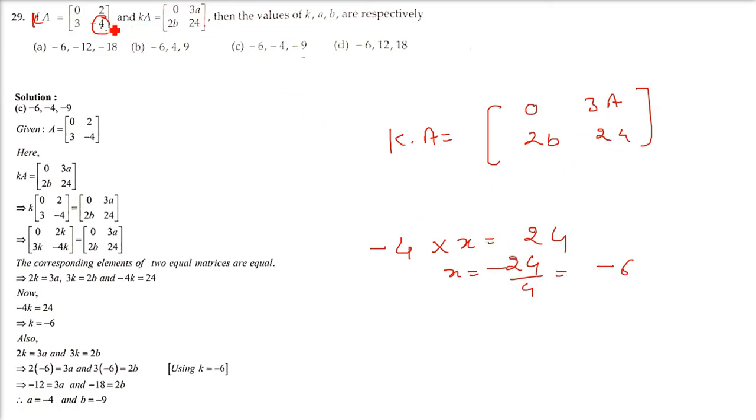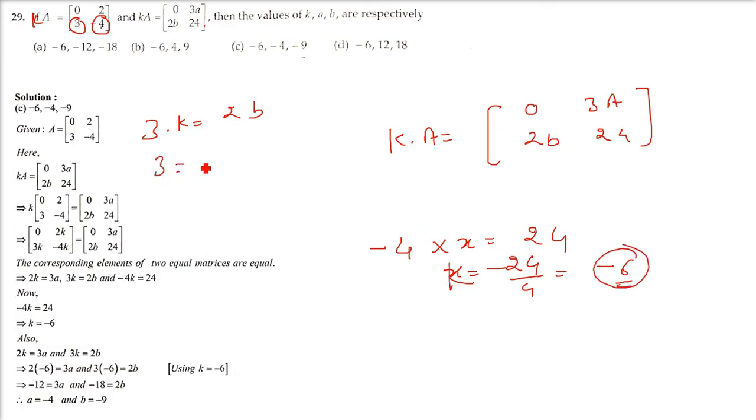Using this k, we are going to find out the a and b values. Now, we have multiplied 2 with certain k so that we got 3, and also multiplied 3 with something that is called k equals 2b. k is negative 6.